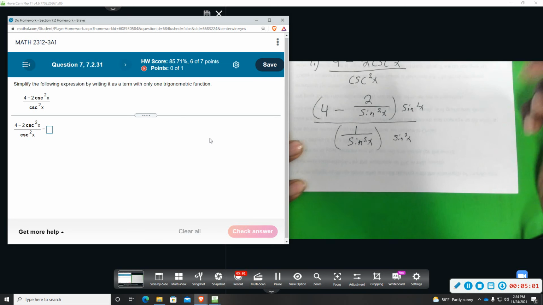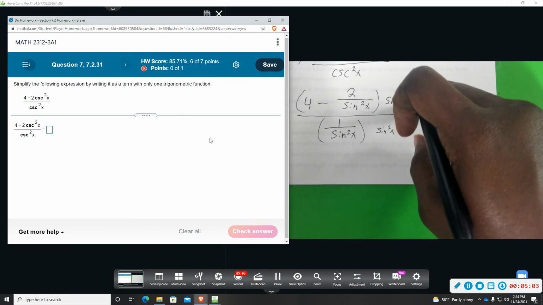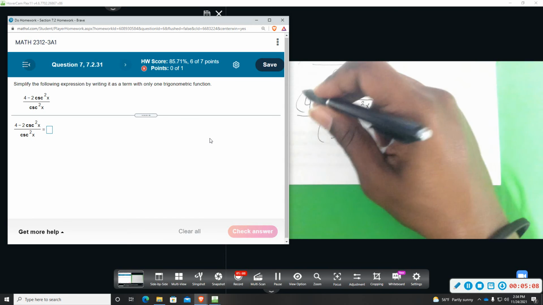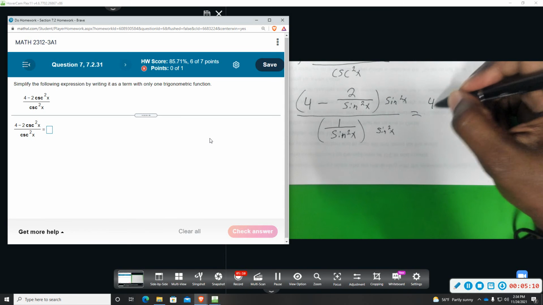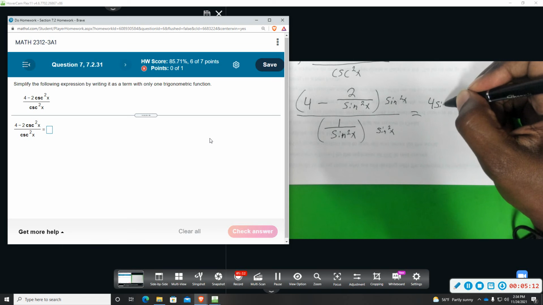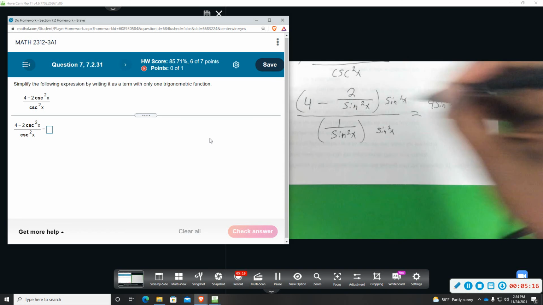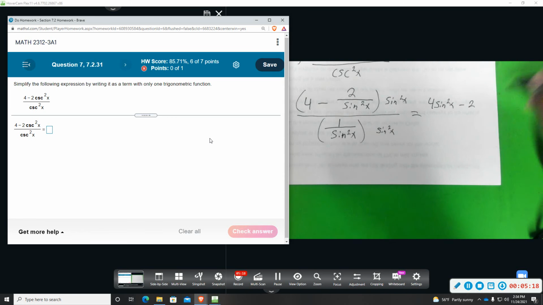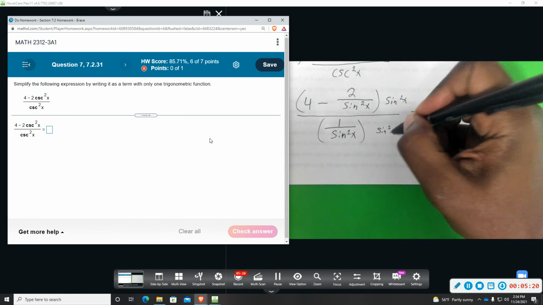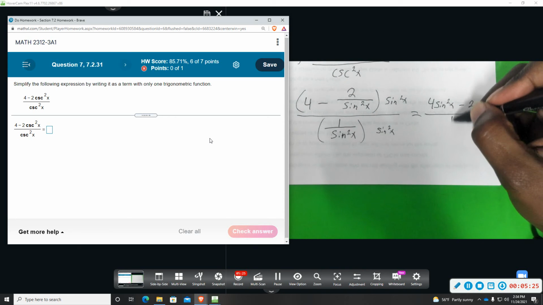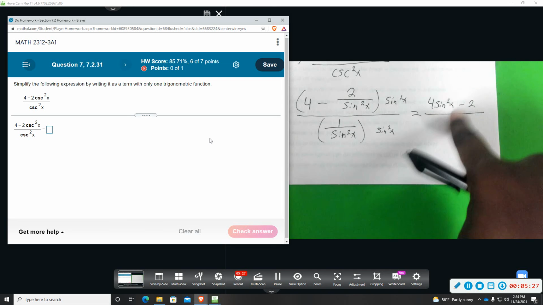And that's going to get rid of the fraction for us. So here I have to distribute sine squared x to both terms. So this will be 4 sine squared x, and then when I multiply here, it cancels out and just leaves me with a minus 2. Then on the bottom, multiplying sine squared cancels out, just gives me 1. So I'm just left with the top part.